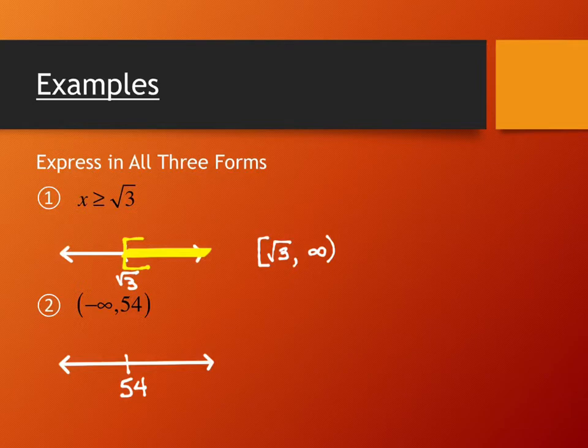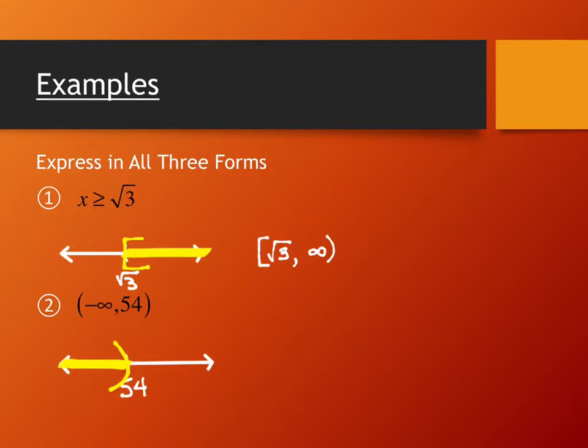Okay. Yes, valid. All right, this one says I start on the far left side of the graph at negative infinity, and I shade until I get to 54. So it looks like that. And then it says I have a parenthesis at 54, so it opens just like that. The graph is sort of the picture of the interval notation.